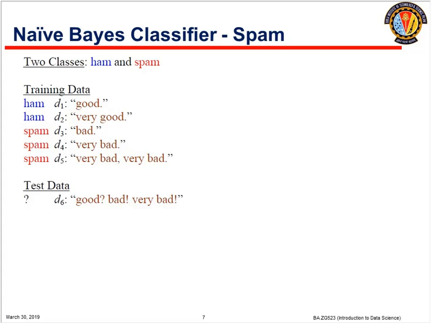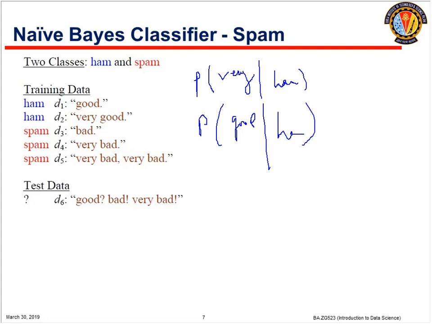Okay, so let's now look at the probability of other words. Look at the probability of very given that the document is ham, and then the probability of good given that the document is ham.